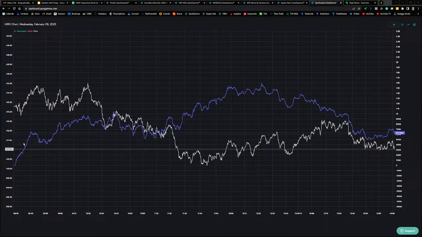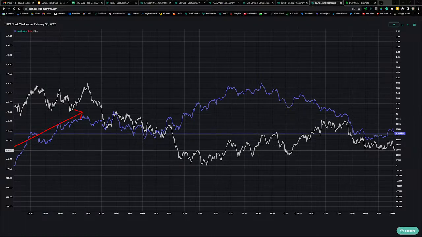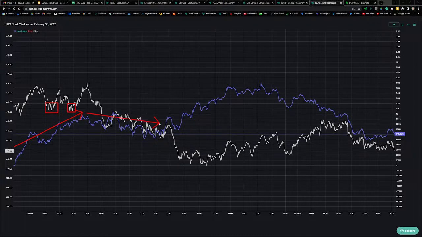I was looking at the rising Hero signal, and that led to a few long scalps. And then Hero leveled off, price dropped lower, and then Hero starts rising again. And remember that 410 level as noted as support in the SpotGamma AM Founders Note.